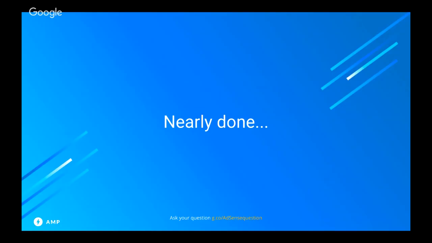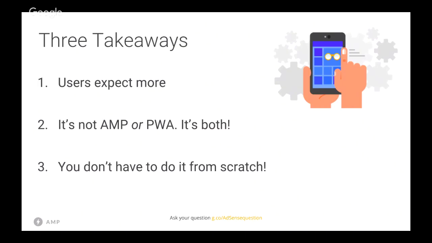All right, almost done. Couple of things to wrap up. First of all, let's recap. We said it also in the last live stream: users nowadays, especially on mobile, because mobile is everywhere now and has almost surpassed desktop, do expect more. By more, we mean the web experience should be reliable, fast, smooth, and pretty as well.